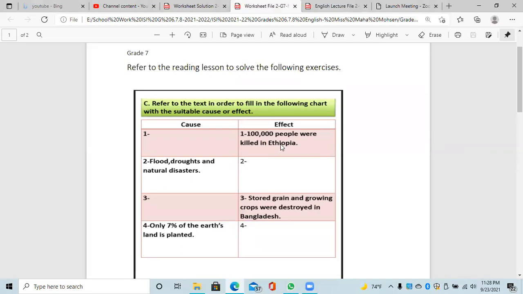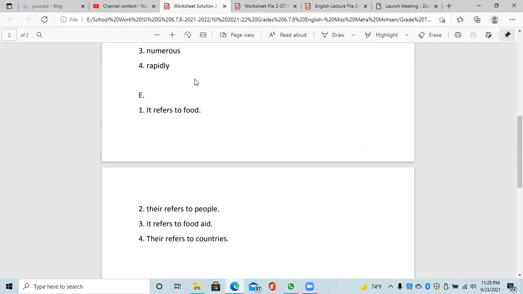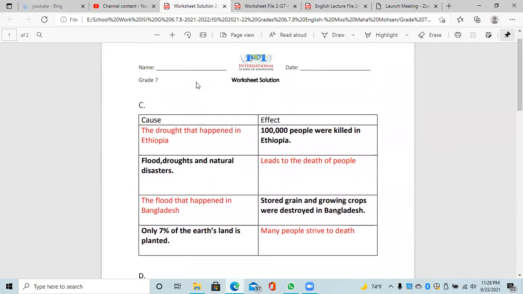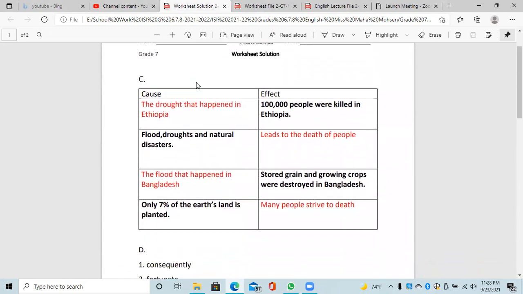So you look for this idea in the text, which is in the lecture, and you try to find the cause. The answer is, as all of you knew, you all had the same answer, the drought. So the drought that happened in Ethiopia killed 100,000 people.